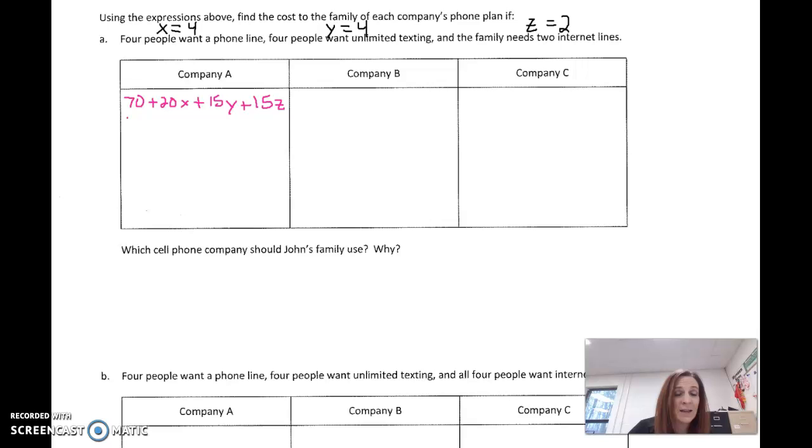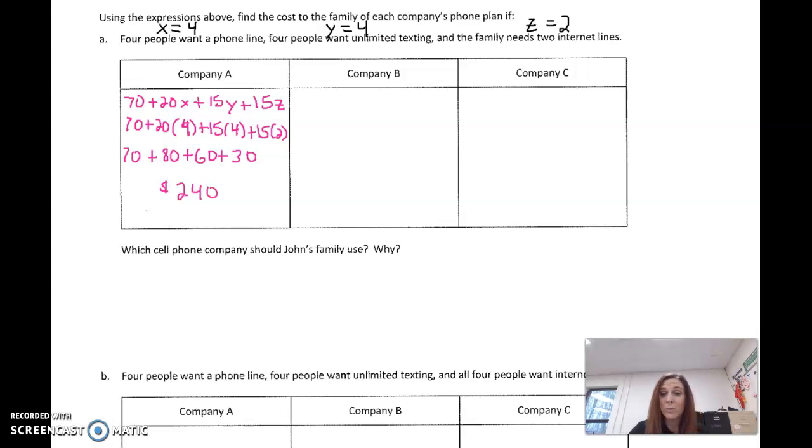So I'm going to say 70 plus 20 times 4, because that's what X is, plus 15 times Y, Y is 4, plus 15 times Z, and Z is 2. So I'm going to have 70 plus 20 times 4 is 80, plus 15 times 4, which is 60, plus 15 times 2, which is 30. And then I'm going to add all these together. It's 240.